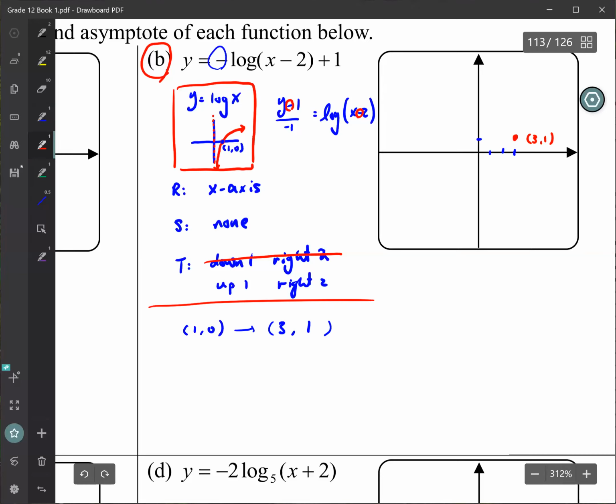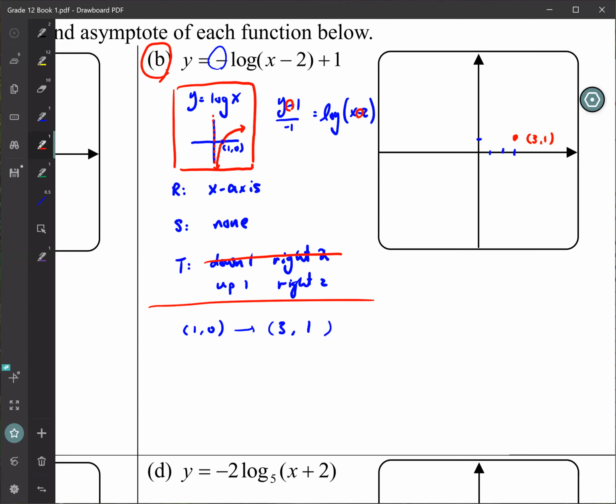Okay, and then we have the asymptote line, okay? If I reflect that asymptote line over the x-axis, it will still look the same, right? You flip the y-axis upside down, it's no change, right? So remember, reflection does not affect the asymptote, okay?